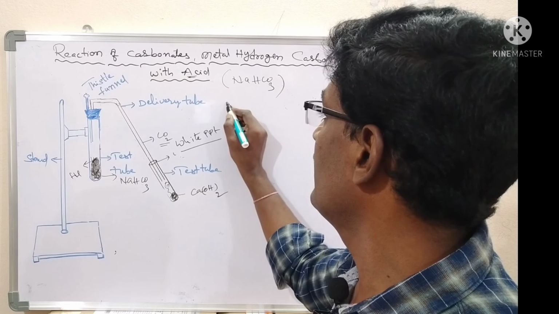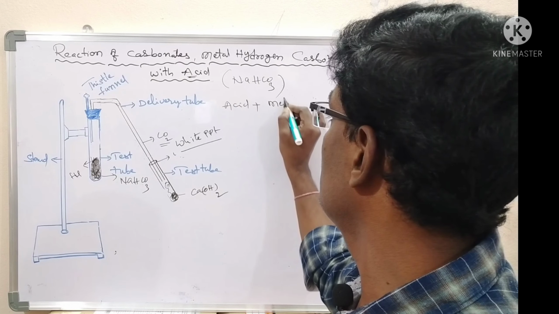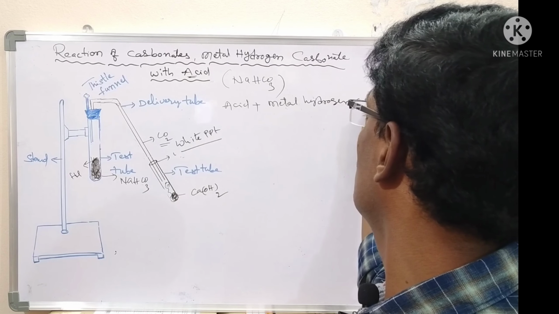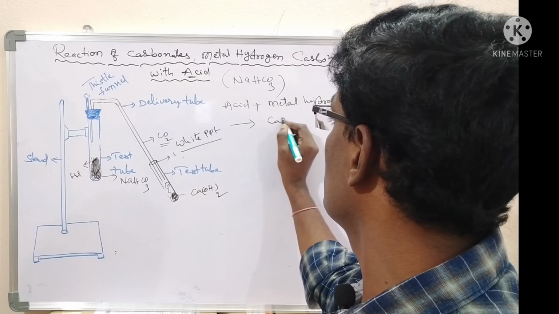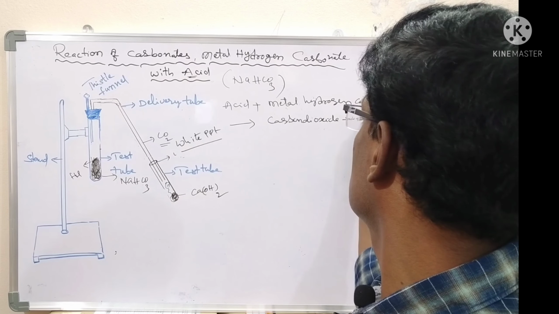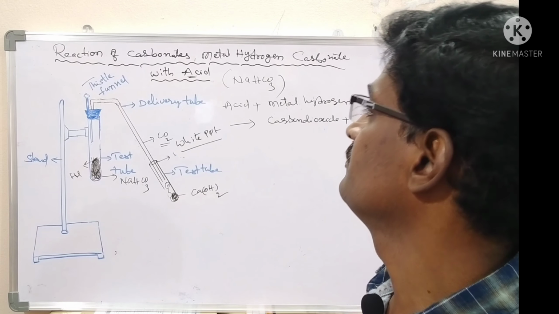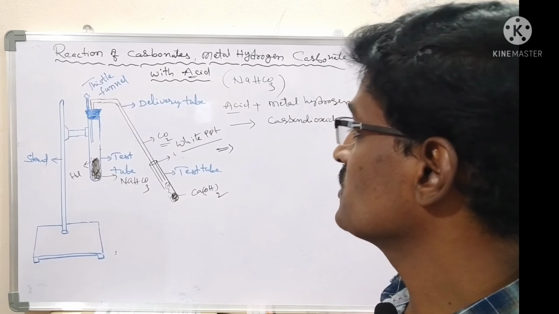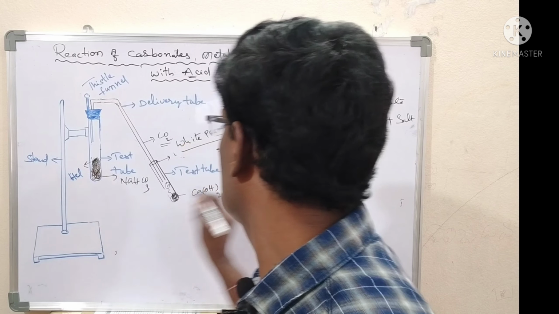I will write the equation. First take acid, which reacts with metal hydrogen carbonate. What does it give? Carbon dioxide plus water and salt. Now I will write the equation. What acid have we taken? Hydrochloric acid, HCl.